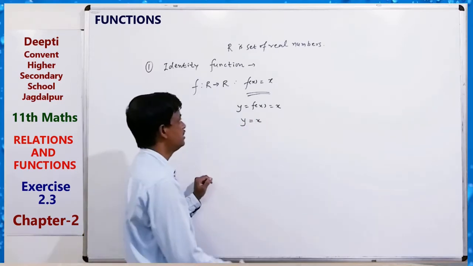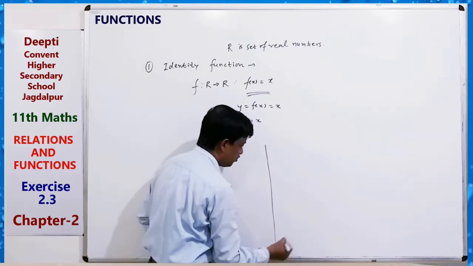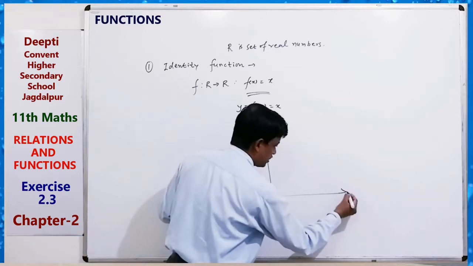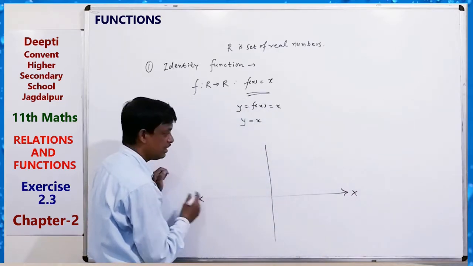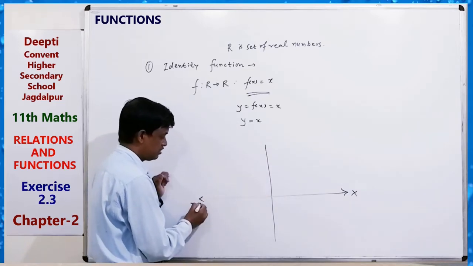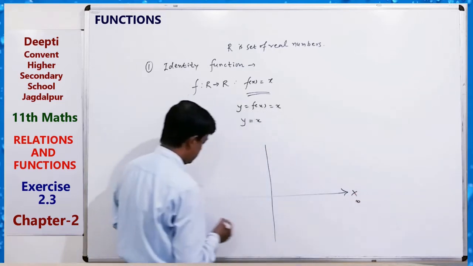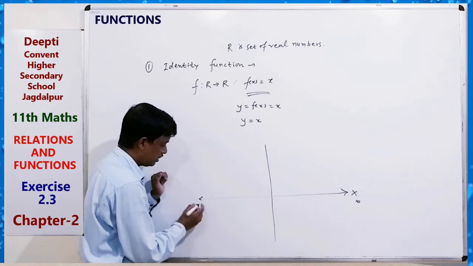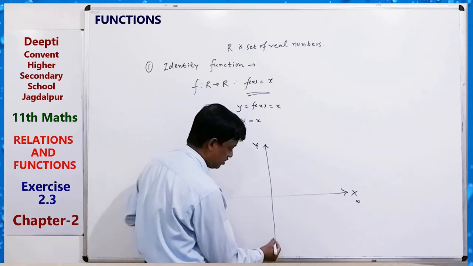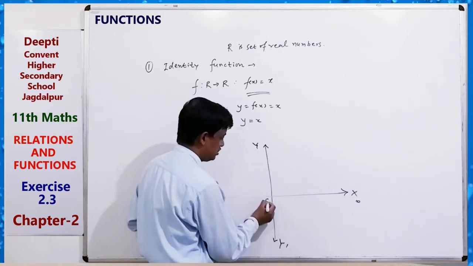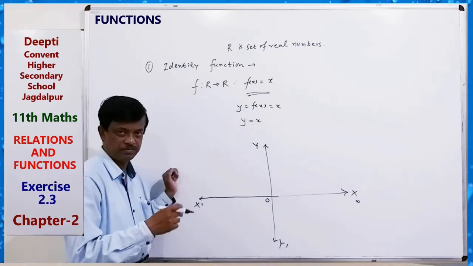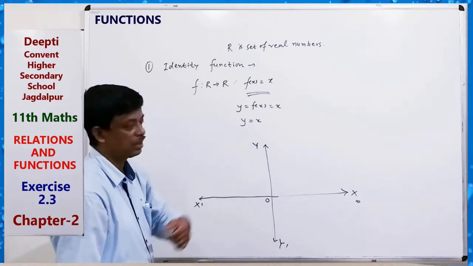The graph of this function. Here the domain is the whole set of real numbers. For drawing the graph, you know how to draw it? On the x-axis, draw a real line, denoting minus infinity to plus infinity. That is x dash, x-axis. Similarly, a vertical real line, y dash. This is the origin. So this is the frame. In this frame, we draw the graph of the function.